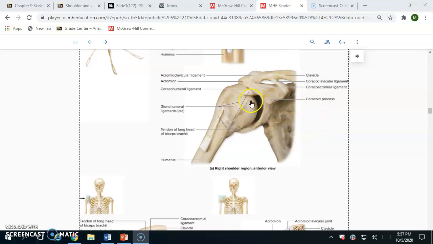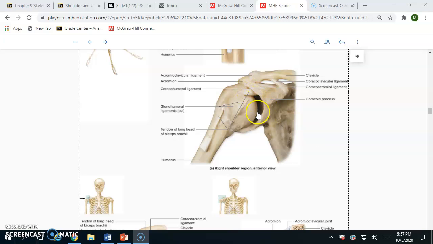So it's not so much the bony structures forming this joint and making it strong and stable. It's more the soft tissue structures like ligaments, muscles, and tendons that are actually giving the glenohumeral joint its strength and stability.